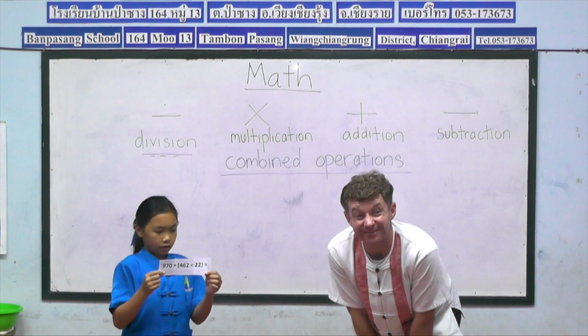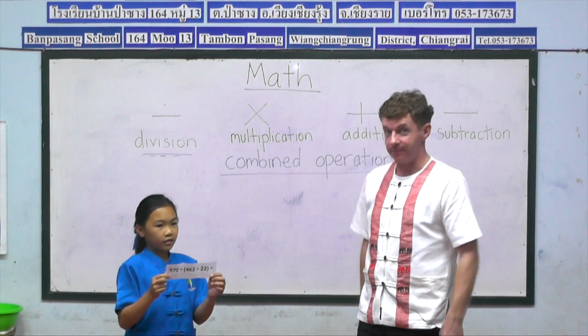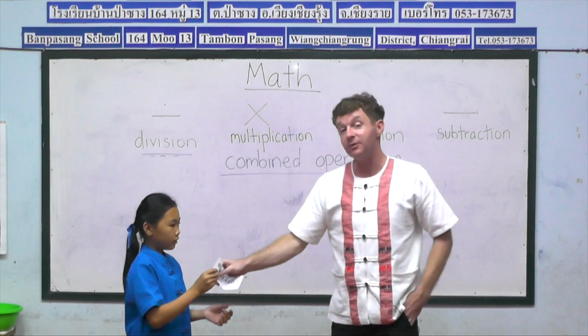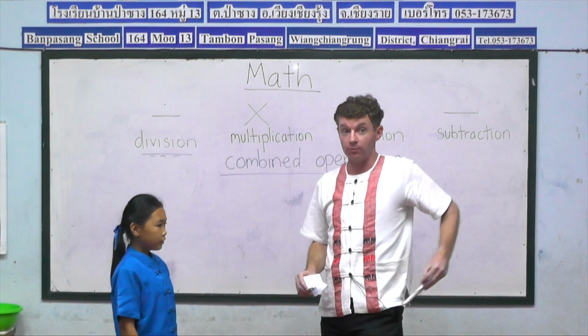462 divided by 22. Okay, so the first thing we need to do is write this combined operation on the board.